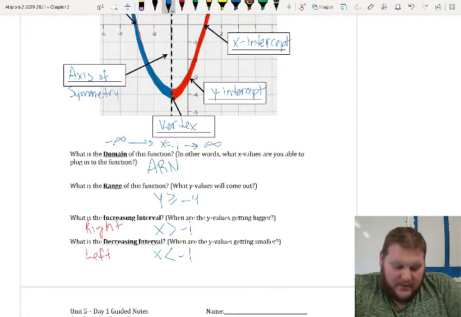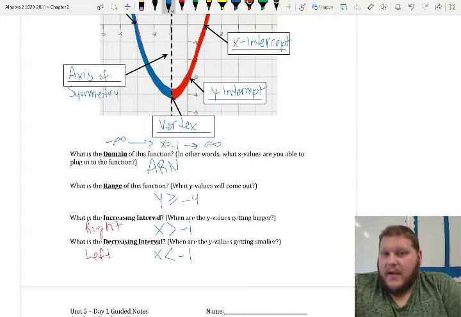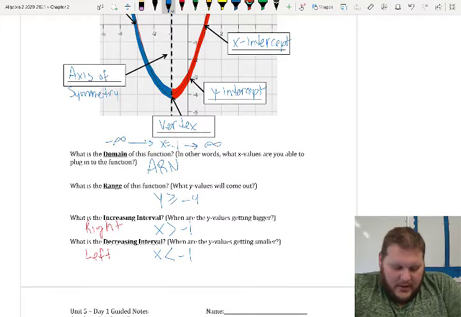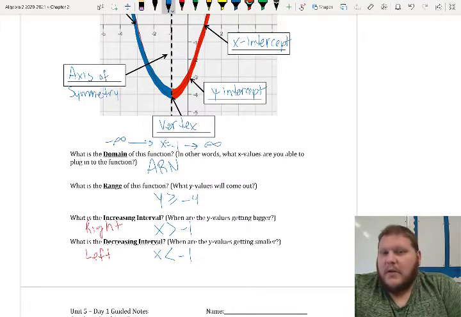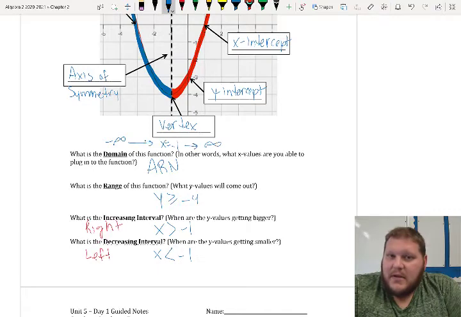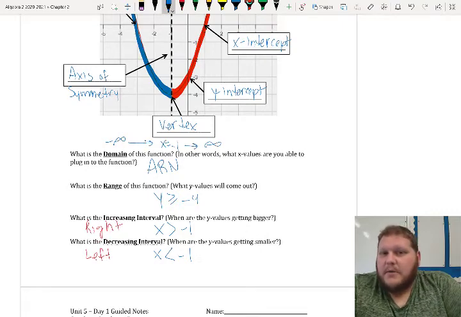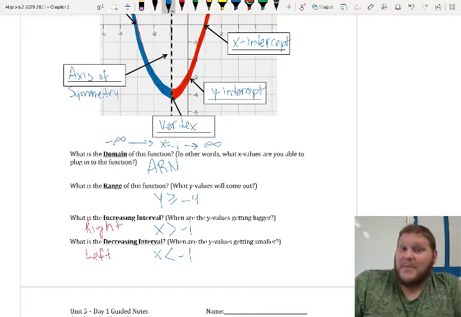So in our interval of increasing, we were describing the right side of my graph, and hey, look, my inequality points to the right. On the interval of decreasing, the left side of my graph is the one we were trying to describe, and hey, look, my inequality points to the left. That will always be the case as long as you keep the variable on the left side, the number on the right. Then you can just look at, okay, left side, right side, just make sure my inequality points the same direction. Now that's pretty much it.